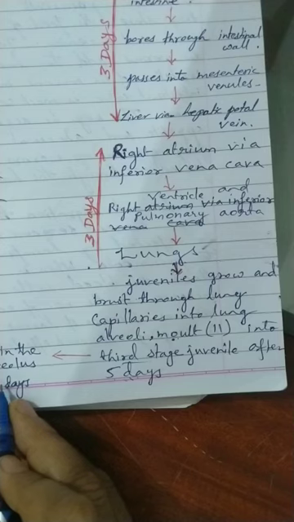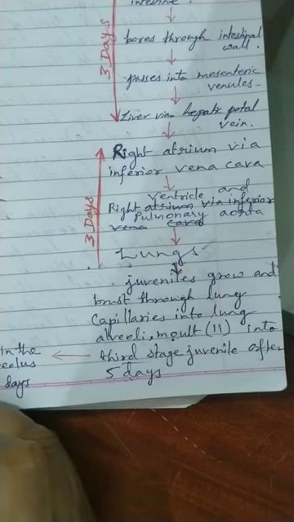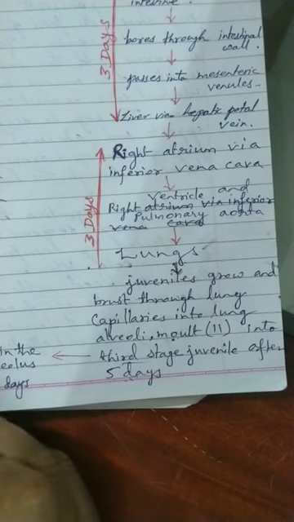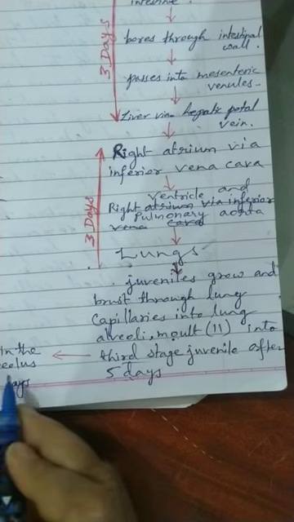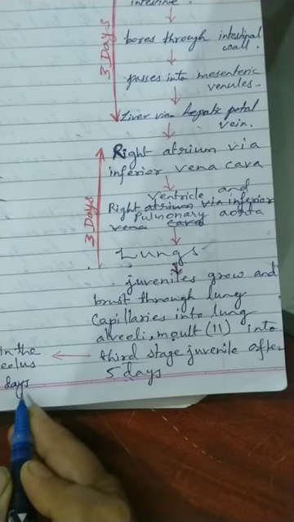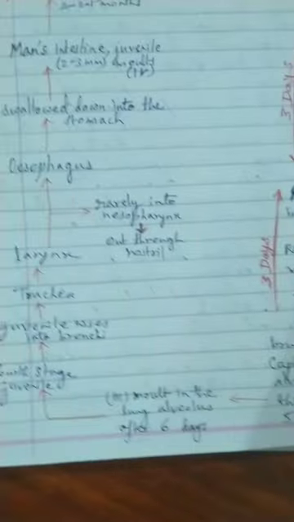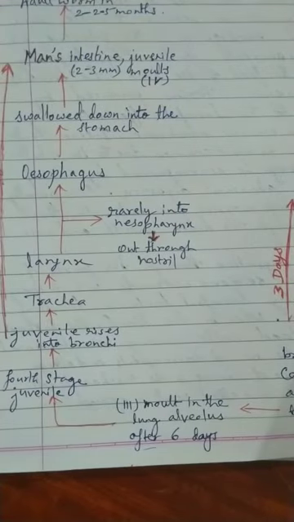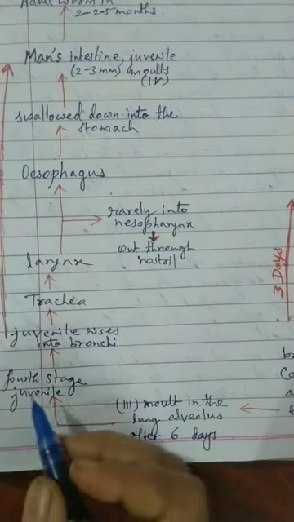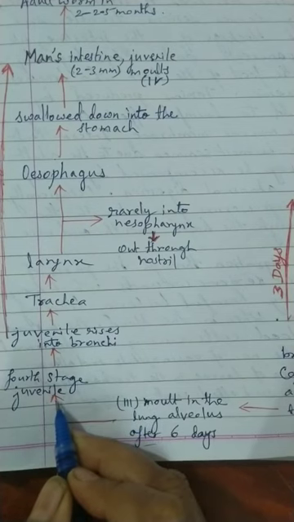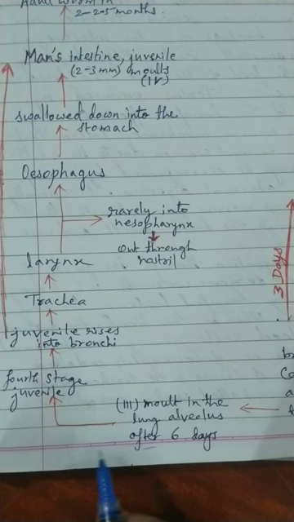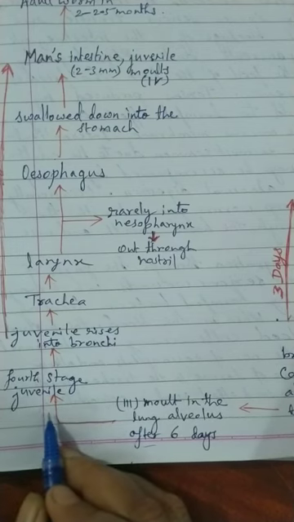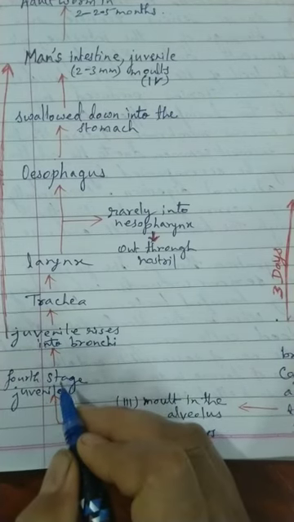Then it molts into the fourth stage juvenile in the lungs itself.